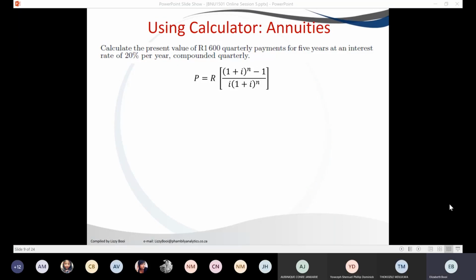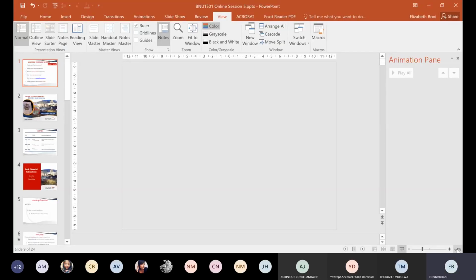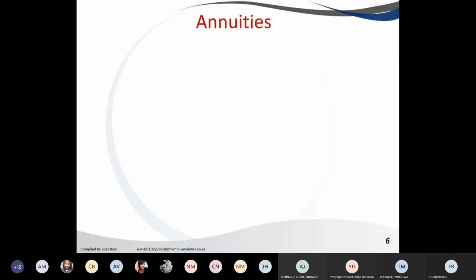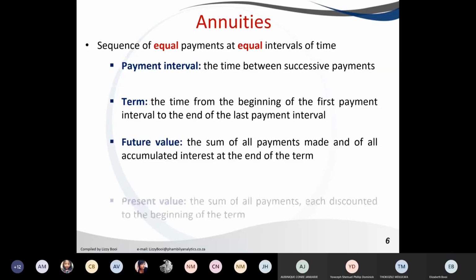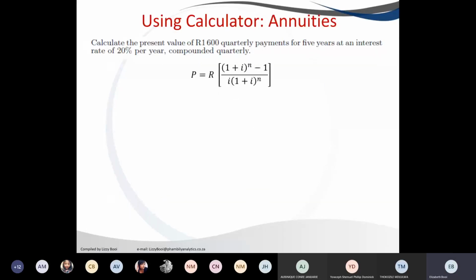I need to change this to a presentation because I cannot type on it. Sorry about that. And so what are we given? We are given R, which is our payment. We are given i, which is our interest, and we are told our n is 5 years and our compounding periods are 4.